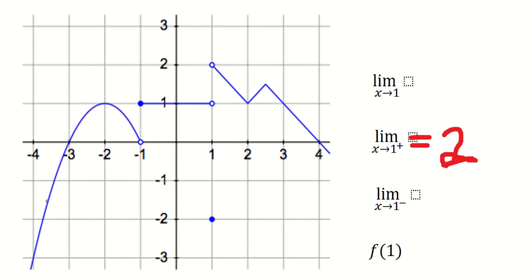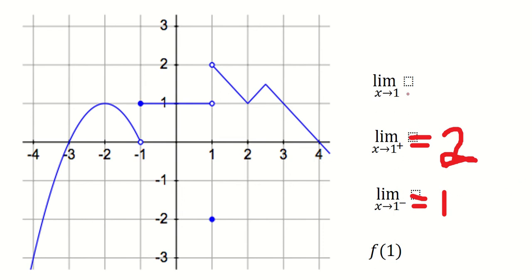Okay, now let's do it from the left. If you approach 1 from the left, you come here, you jump up, and okay, now you're at x equals 1. And what y value are you at? You're at y equals 1 now. So that means this right here is equal to 1. Now again, this is another example where the limit from the right and the limit from the left are not the same.